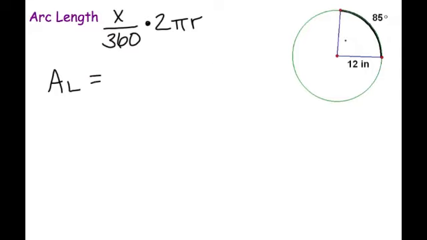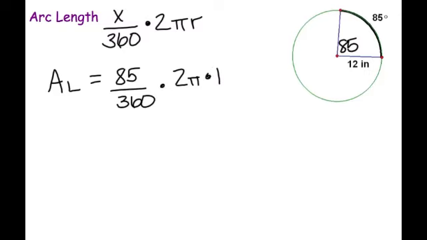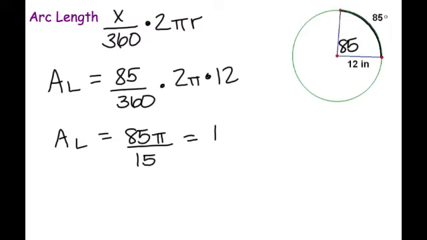So we do 85 over 360 times 2 times pi times 12 inches. From here, we do some mental math, we do some reductions of fractions, and our final answer is going to be 17 pi over 3 inches, not inches squared, because we're talking about length, not area.